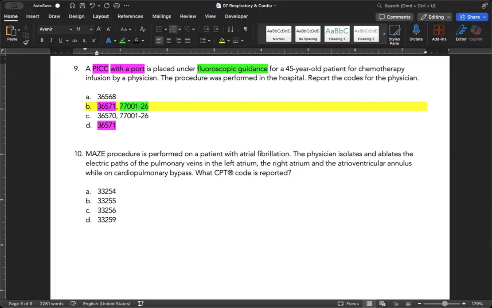So 33254 is an operative tissue ablation and reconstruction of atria, limited, which is also known as a modified maze procedure. 33255 is an operative tissue ablation and reconstruction of the atria, extensive, which is a maze procedure without cardiopulmonary bypass. 33256 is with cardiopulmonary bypass, which we did do cardiopulmonary bypass, right?